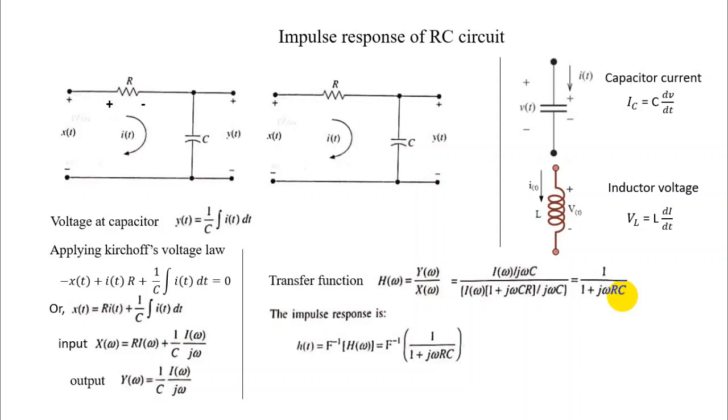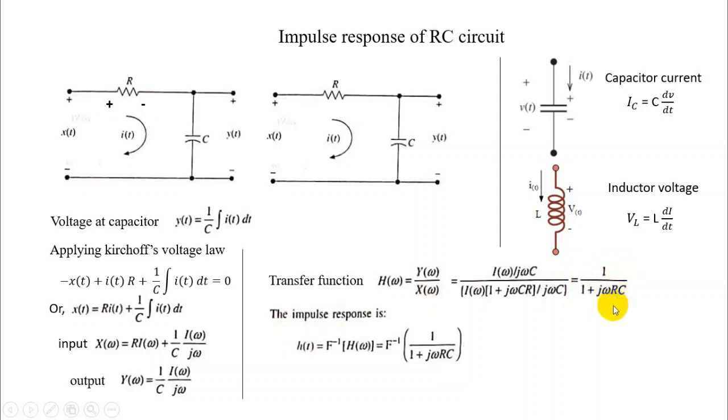If you have to determine the impulse response, as you have seen in the previous lecture where I discussed the impulse response and transfer function, then as you have the transfer function here, you just need to take the inverse Fourier transform of that.